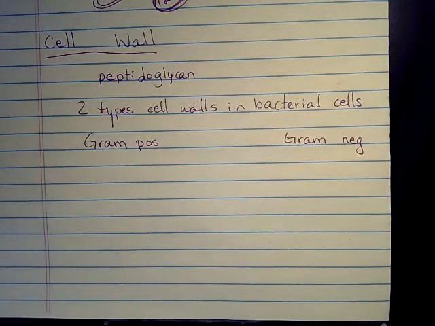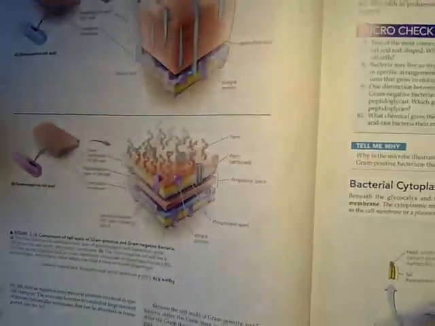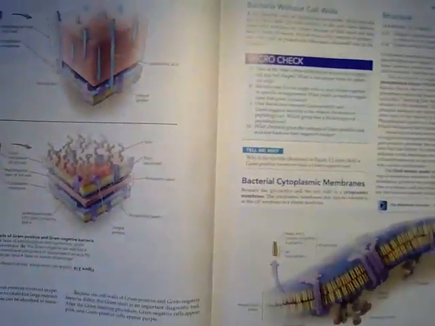Now, they have a really good example of those two cell types on page 68. So we're going to go ahead and pull up our page 68 and take a look at the differences between the two. The top one is your gram-positive cell wall.